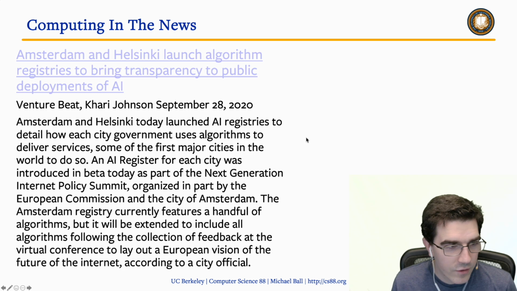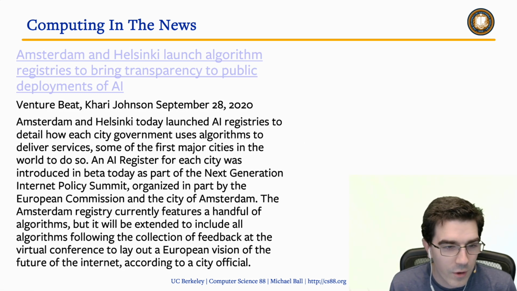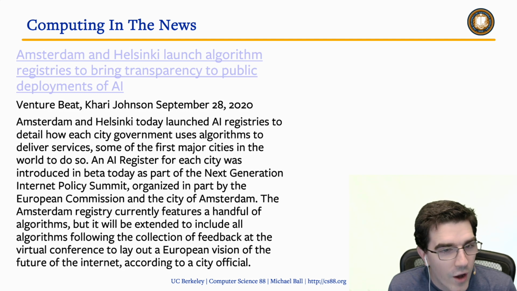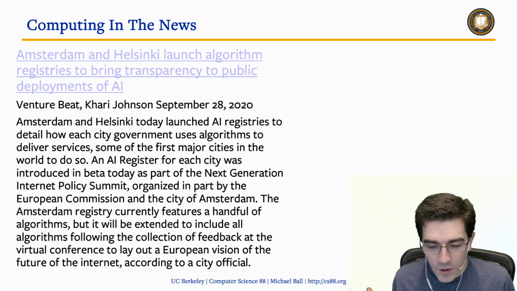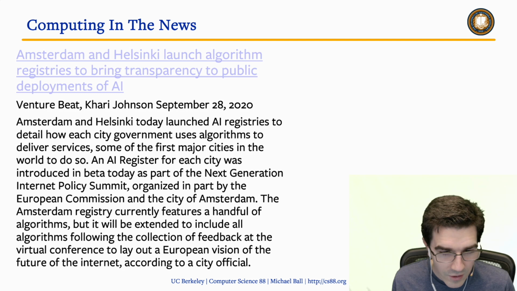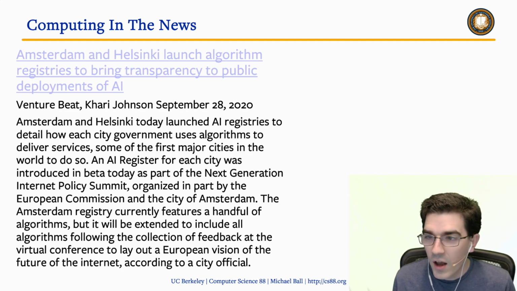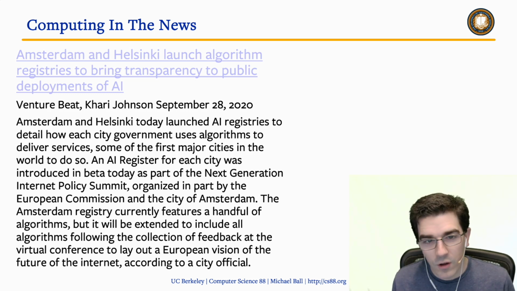An example for computing in the news today. This is just an interesting article, something pretty cool that came out a couple days ago, talking about the idea of algorithms and how they are used to inform public services. Amsterdam and Helsinki are the first two European cities that are launching public registries of algorithms that local governments, or national governments, use to make decisions.